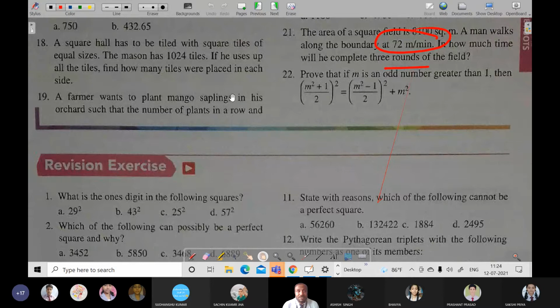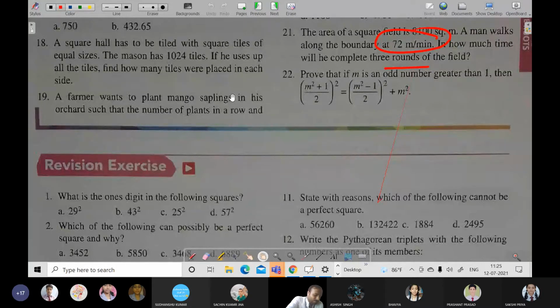You are finding the numbers between 64 square and 65 square, not including 65 square. And again you are finding the numbers between 65 square and 66 square. So 65 square is left out. That's why it becomes 1 more. So 1 you have to add. Yes, sir. Got it?